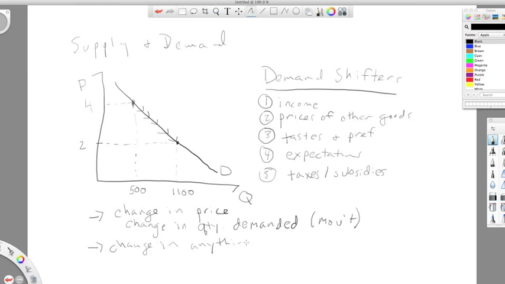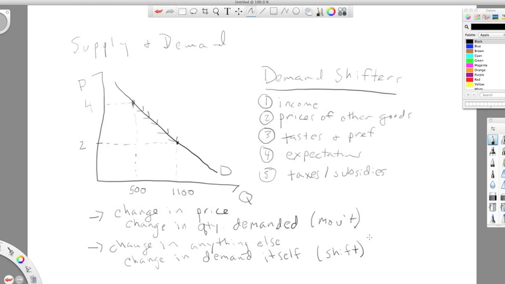Not literally anything else, but anything else that affects demand, and that list of demand shifters up to the right here is what we have in mind. A change in anything else is going to be a change in demand itself, and it's going to be represented by a shift in the demand curve.